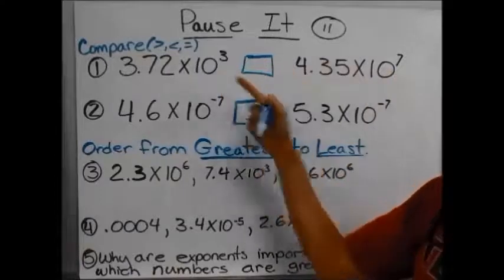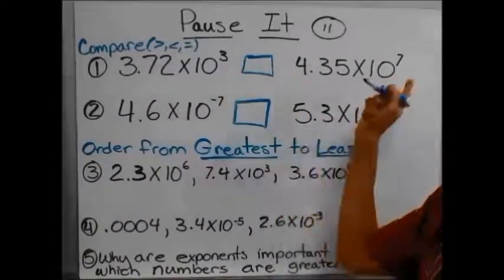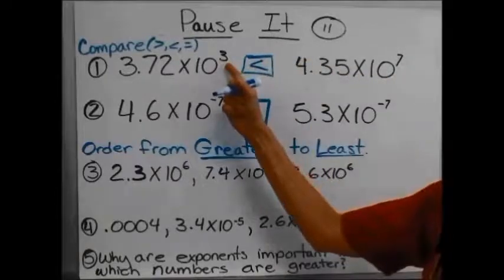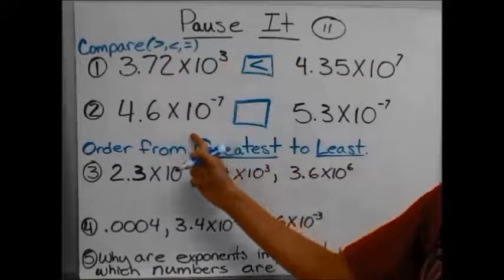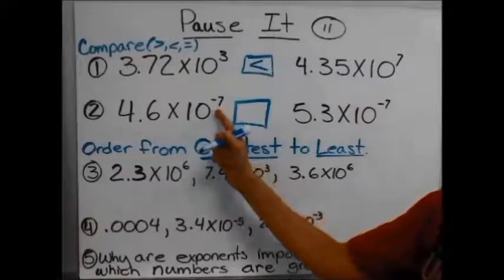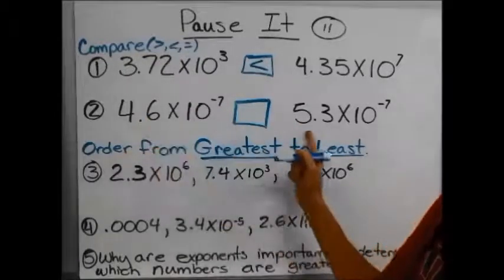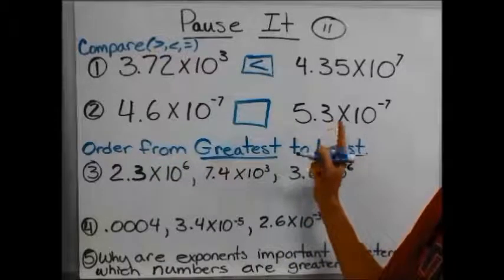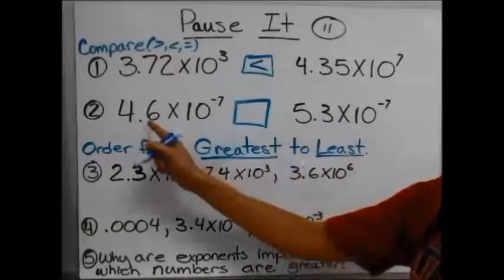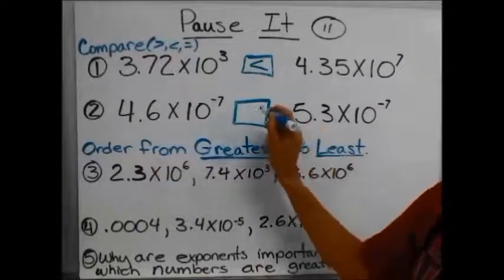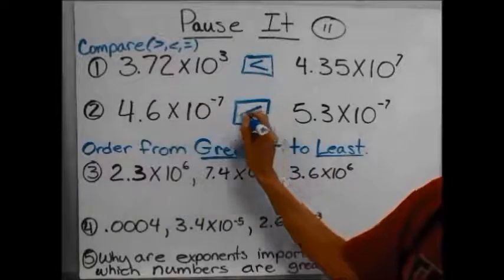I have a 7 and a 3. 7 is larger than 3, so this I know is going to be my larger number just simply by looking at the exponent. And number 2, I have to use my exponents to tell me which one is the larger number. So now I have to go 4 and 6 tenths or 5 and 3 tenths. 5 and 3 tenths is larger than 4 and 6 tenths. So I know that this will be the larger number. This is going to be my smaller number.